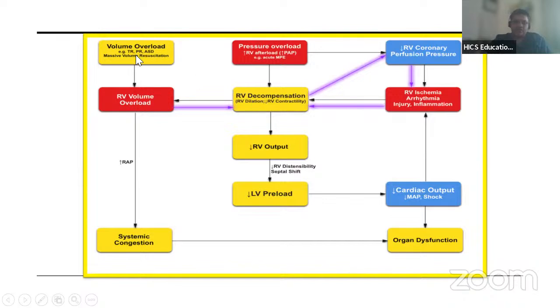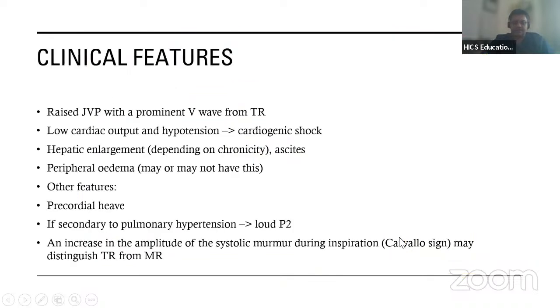In a volume overloaded condition like massive volume resuscitation, it increases the right atrial pressure, which causes systemic venous congestion, which triggers organ dysfunction, which is perpetuated also by the low cardiac output and shock caused by RV ischemia. And so this is the sequence of events which can happen in a critically ill patient with multiple factors resulting in RV dysfunction characterized by systemic venous congestion and organ dysfunction.